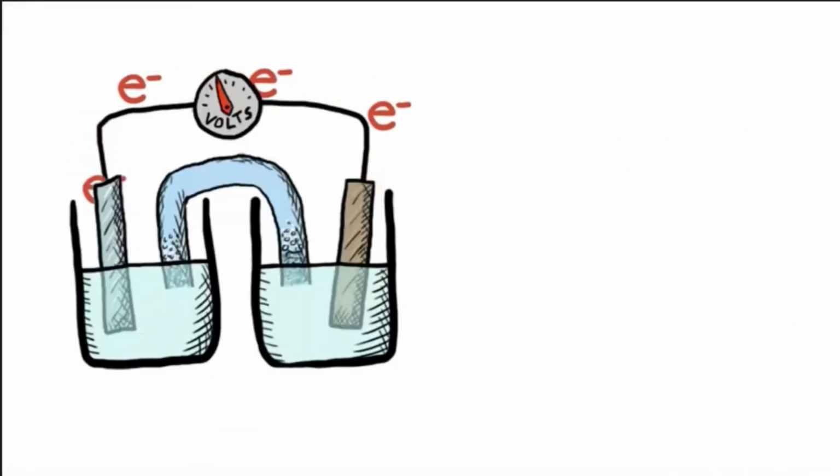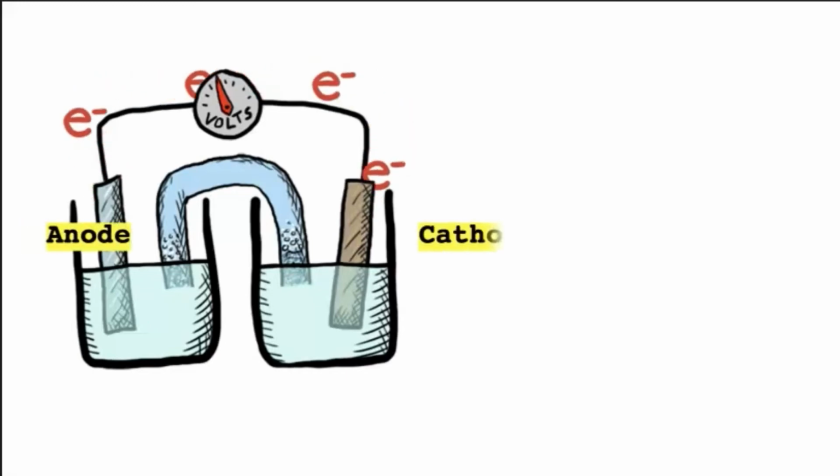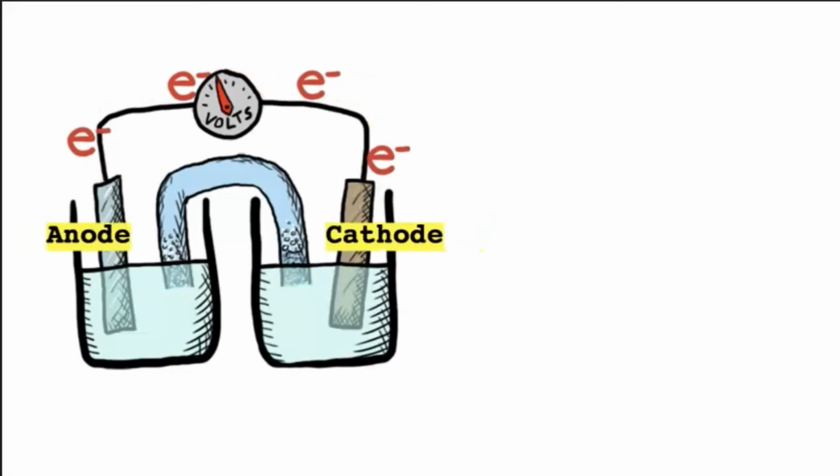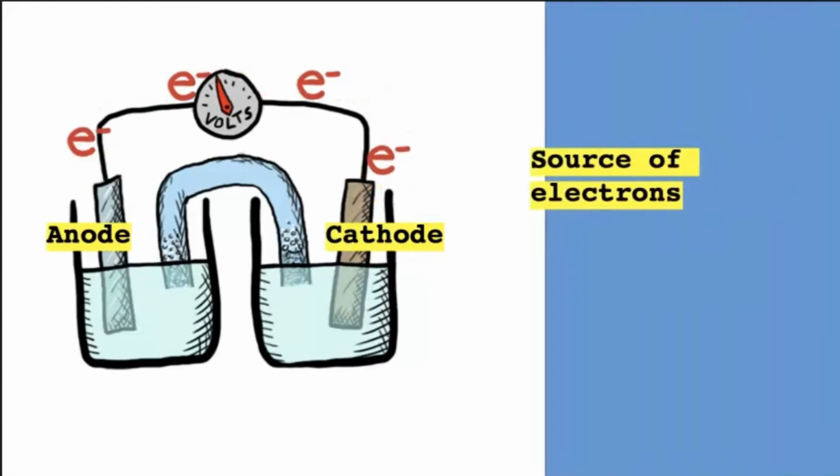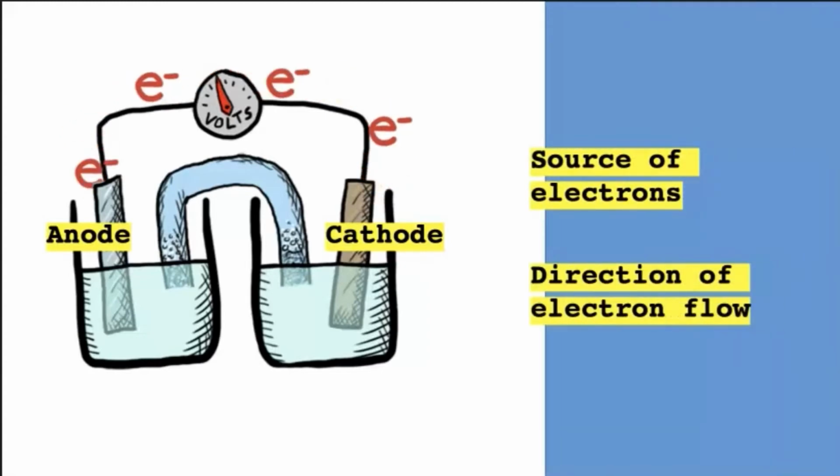For both cells, electrons flow from the oxidation half cell to the reduction half cell, that is, from anode to cathode. The charges of the electrodes are determined by the sources of electrons and the direction of electron flow. Notice from the setup that we have two electrodes dipped into an electrolyte.